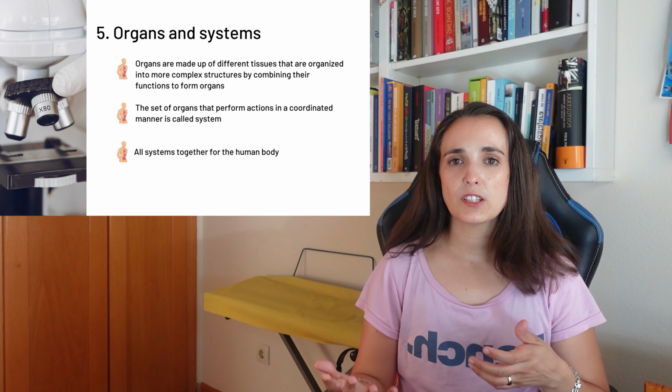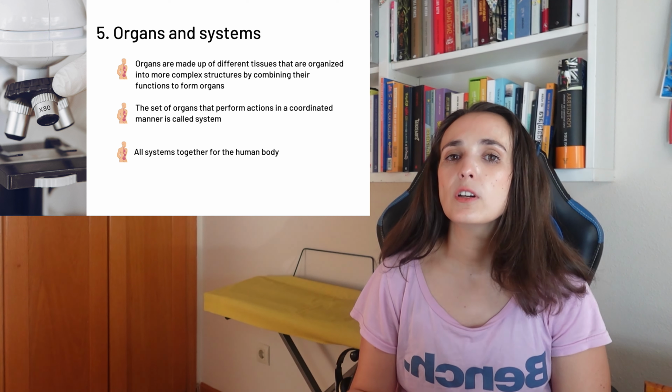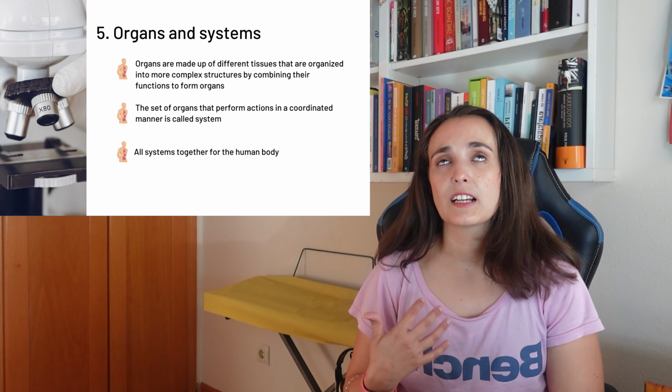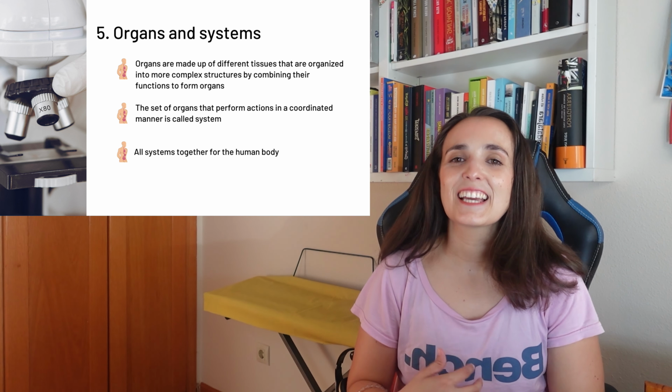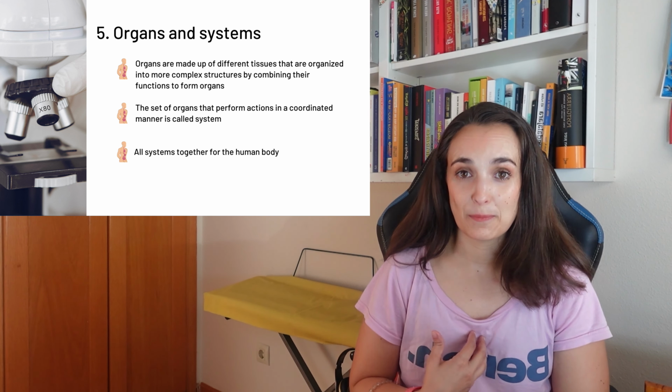The heart is a mixture of epithelial tissue, cardiac skeletal muscle tissue, of course blood, and also the nervous tissue is involved in the heart function. So all these tissues together, epithelial, muscle and nervous, and also there is some conjunctive tissue as well, all together they form the heart, the organ.